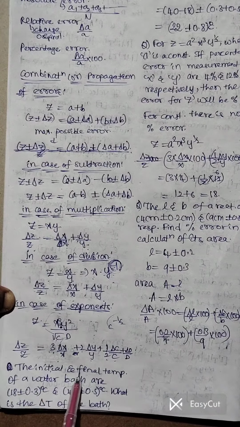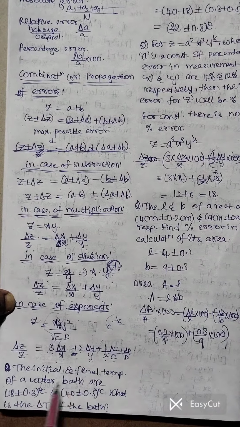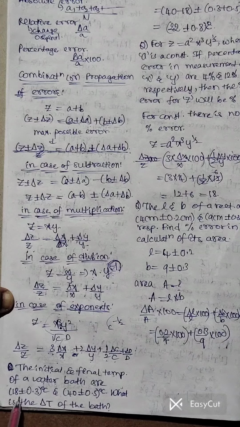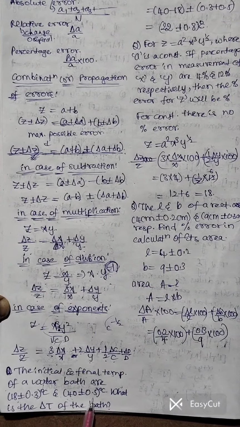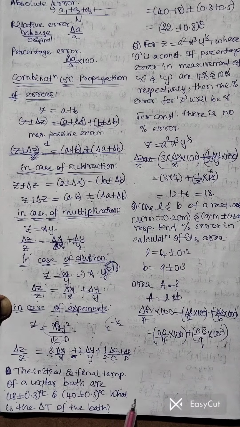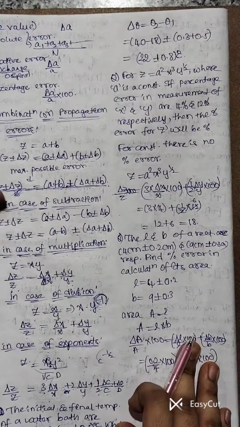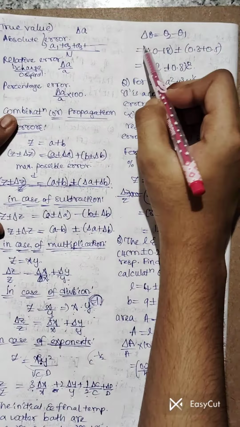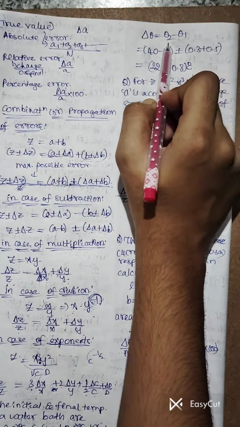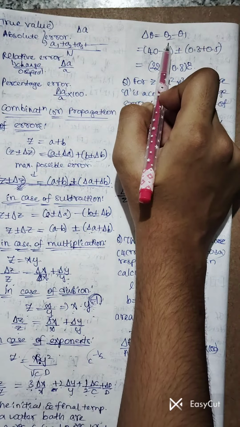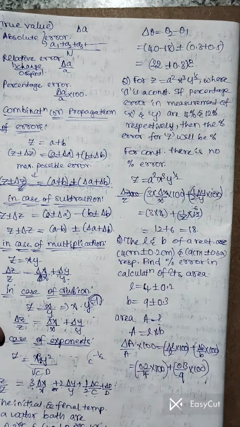The initial and final temperature of a water bath are 18 plus or minus 0.3 degrees Celsius and 40 plus or minus 0.5 degrees Celsius. Now, what is the change in temperature of the bath? This change in temperature, let us say as delta theta, equal to final minus initial, that is theta 2 minus theta 1.